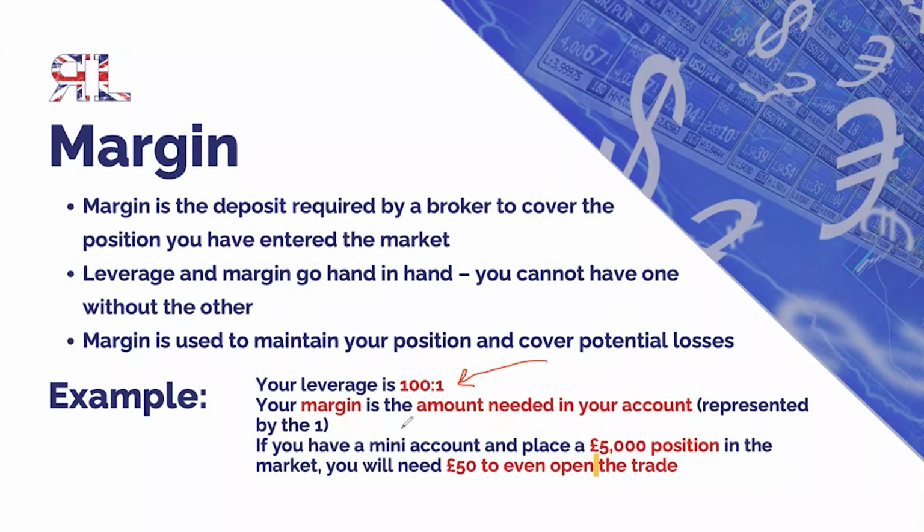If you're trading the mini accounts, then to have a position of around 5,000 base currency, all we need is 50 quid, £50 or $50, whatever we need. So that's how leverage is used: our margin is £50, our leverage is 100 to 1, and we can control £5,000 of any base currency position.